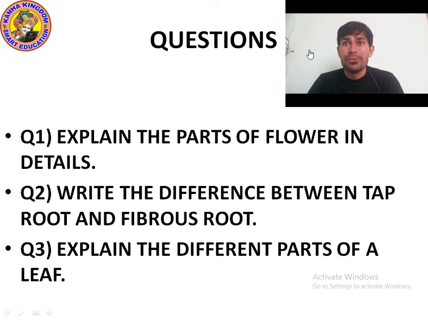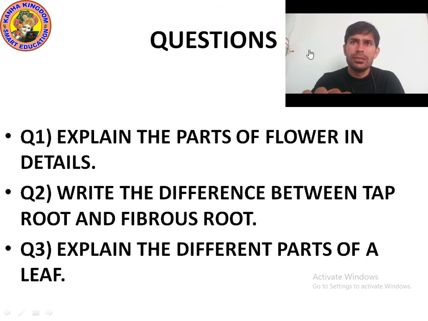Stigma is a sticky platform at the top of the style where pollen is deposited. Ovary is the enlarged basal portion of the pistil where ovules are produced.